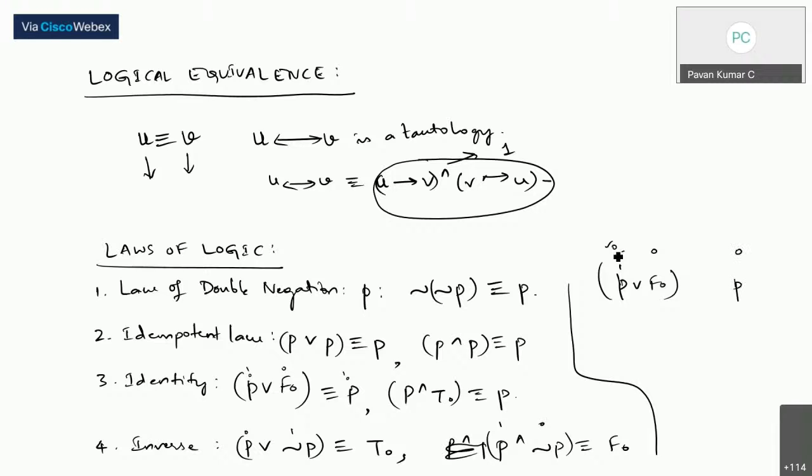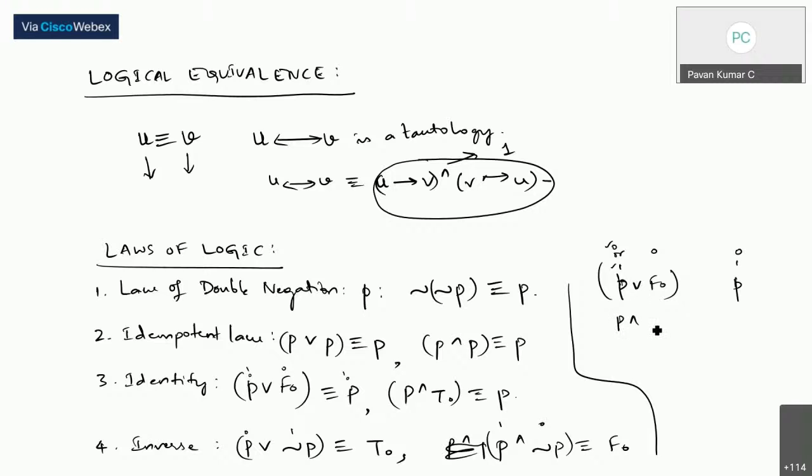When P was 1, then 1 or 0 is also 1. So the value of P is playing a major role here. What is an identity element? An identity element along with any element will give you the element itself. So F is an identity element for P under the operation OR.